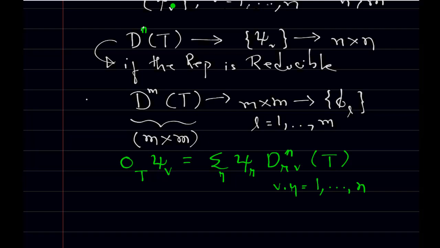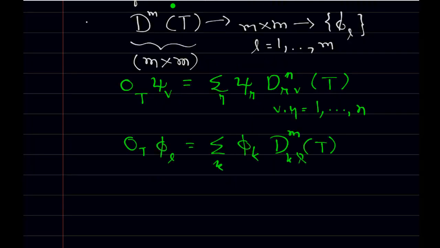That means the Dm matrix is in lower dimension, and the Dn matrix is in higher dimension. By lower and higher, I mean one is n cross n, which is a big matrix, and another is m cross m, which is a smaller matrix, which can be contained inside the bigger matrix after similarity transformations are done.